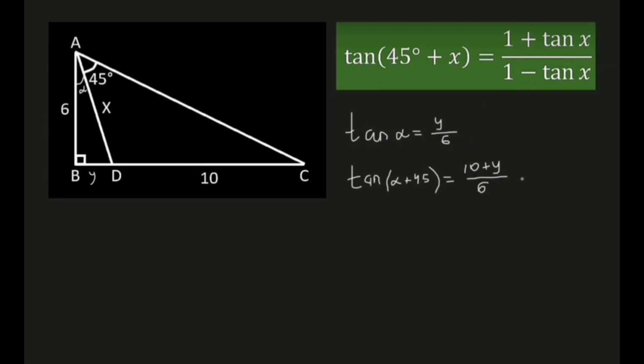So basically, we are going to get the following equation, that the tangent of alpha plus 45 degrees, which is 10 plus y divided by 6, would be equal to 1 plus y divided by 6, and this whole thing will be divided by 1 minus y divided by 6.